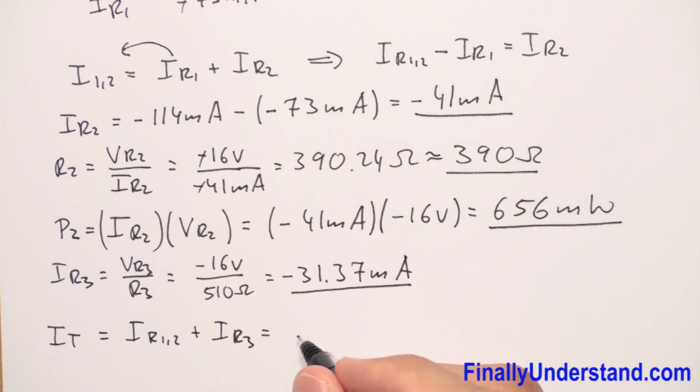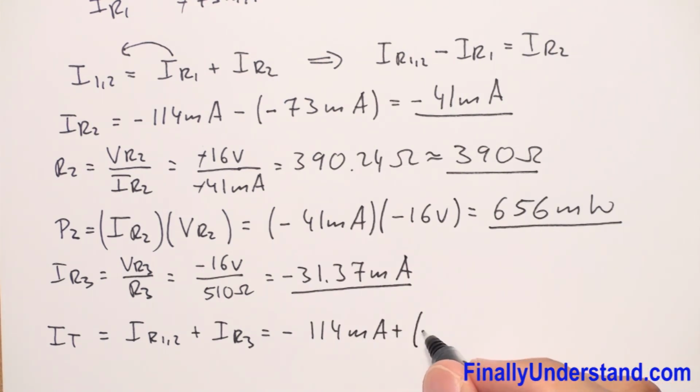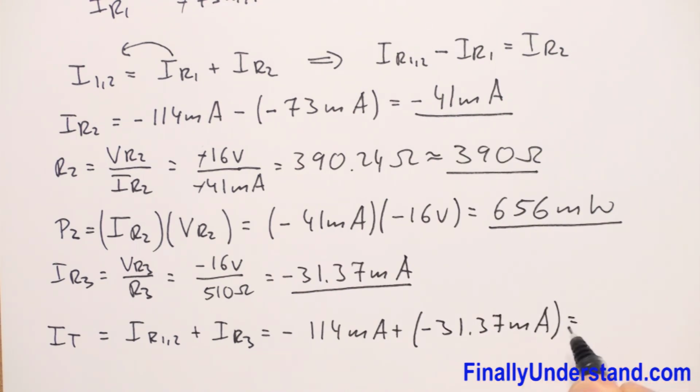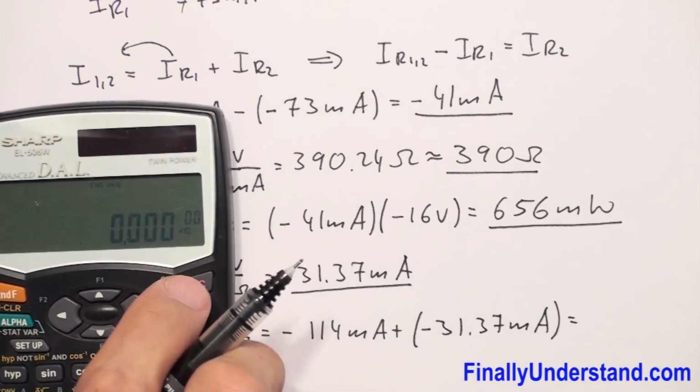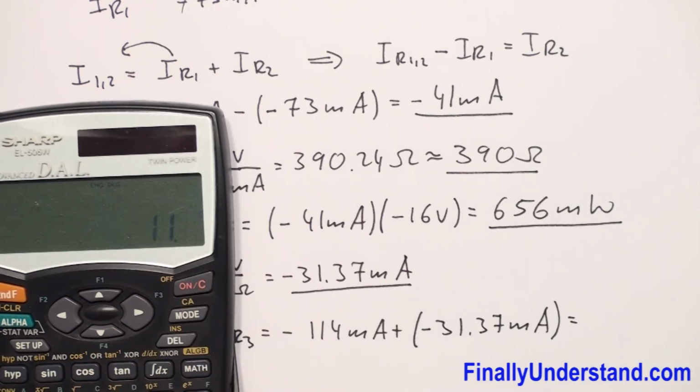IR12 is given and is negative 114 milliamps, plus IR3, negative 31.37 milliamps. So we have negative 114 times 10 to the negative 3 plus negative 31.37 times 10 to the negative 3, which equals negative 145.37 milliamps.